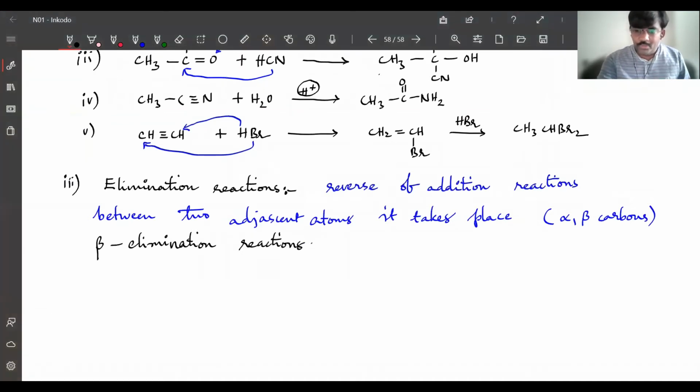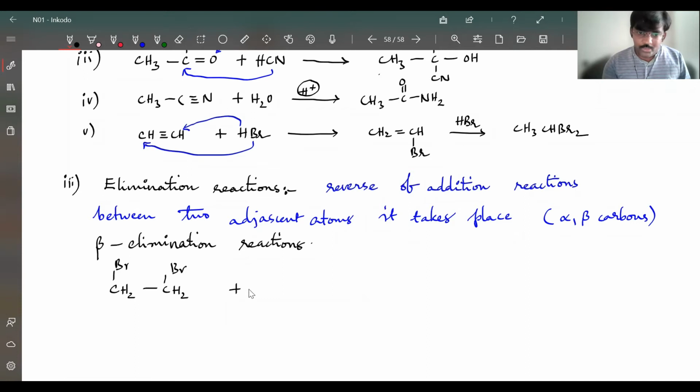Let me give you some examples. If I have 1,2-dibromoethane, not methane, ethane, two carbons are there, with a bromine on each.